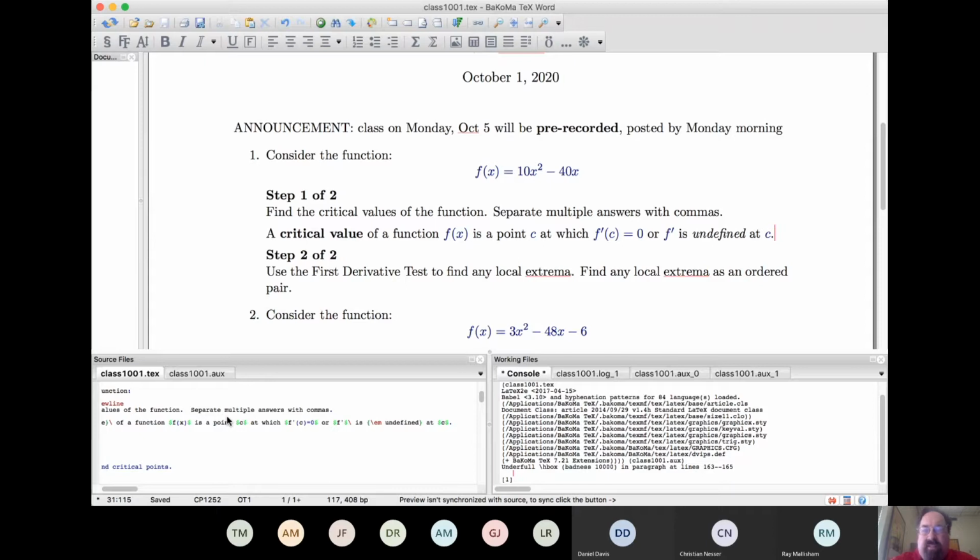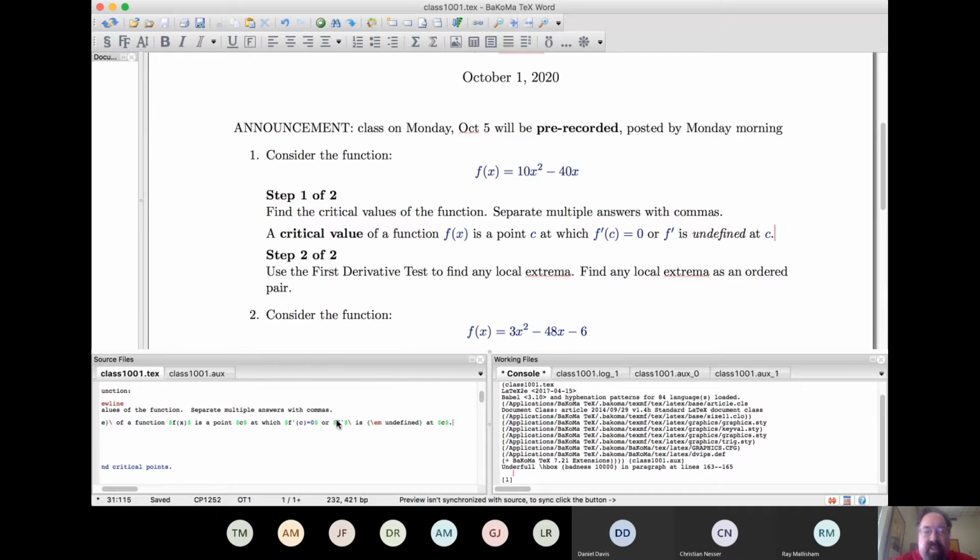I had to tell you that because that's the actual definition of a critical value. But what we will find in the problems is that it's really the first meaning of a critical value that you'll actually encounter, finding where the derivative is equal to zero. We tend to deal with functions that are very nicely behaved in this class, that tend not to have points at which the derivative is undefined.